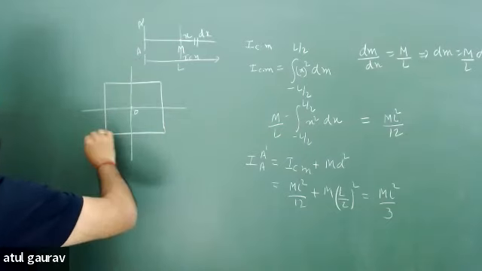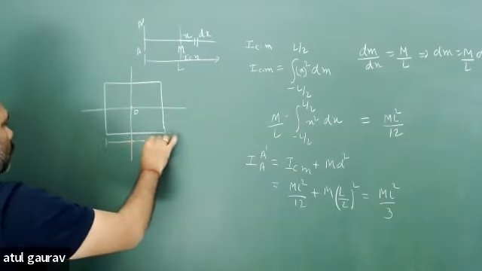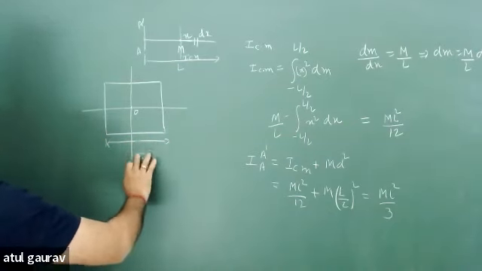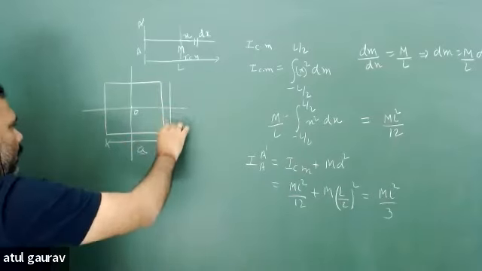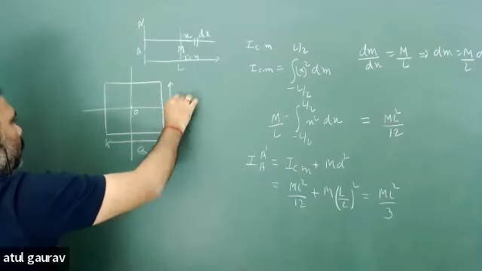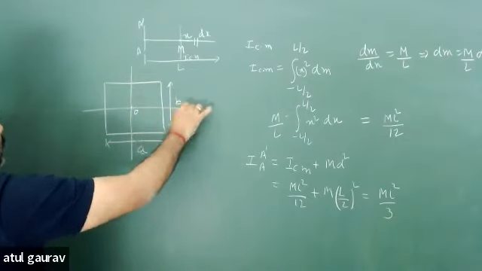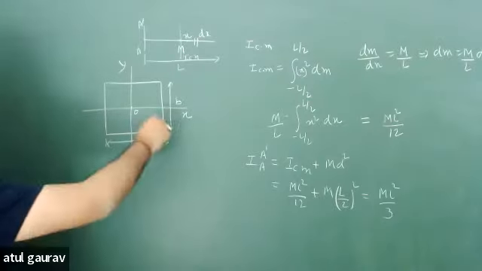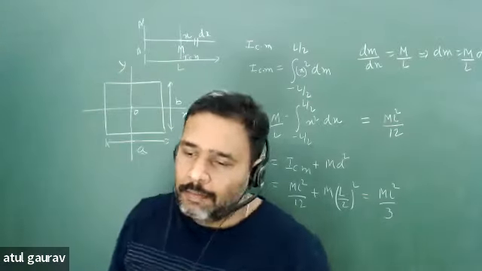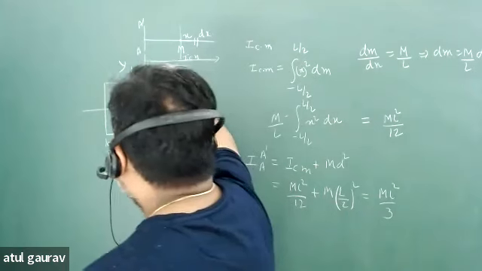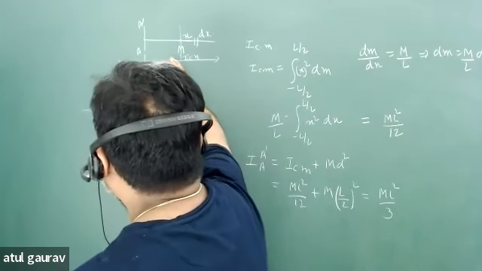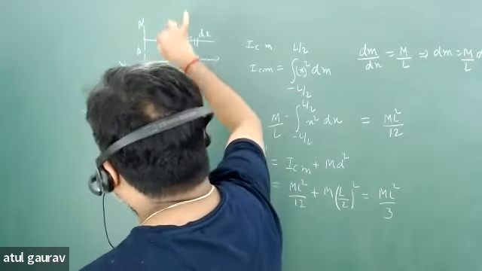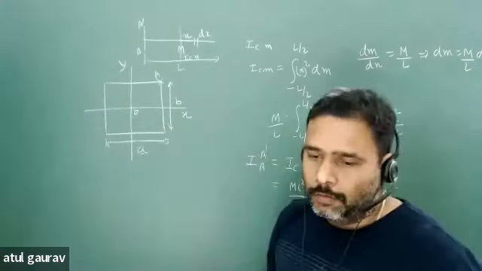Here is my origin, and this value is equal to L. Sorry, and you can take A, and this value along Y, you can take B. So this is my x-axis, this is my y-axis. And what we have to do, we have to find the moment of inertia about the axis which is passing through one of the corners, whose name is A, and perpendicular to the plane of this board.